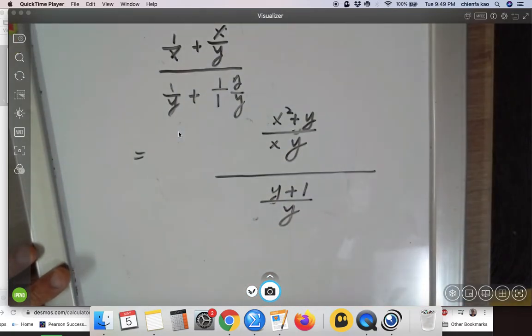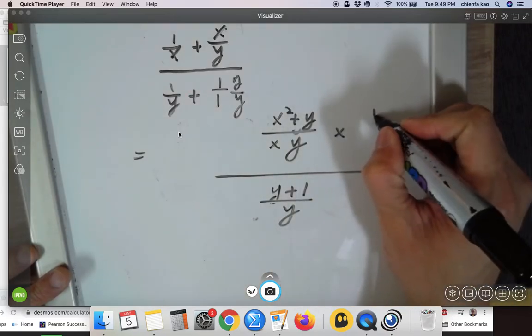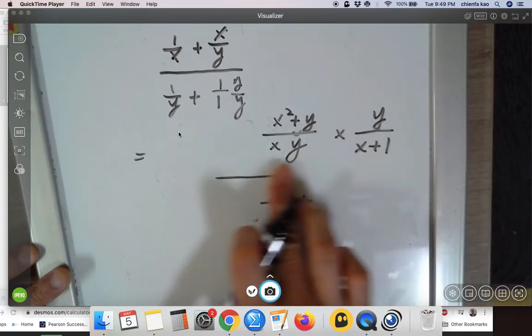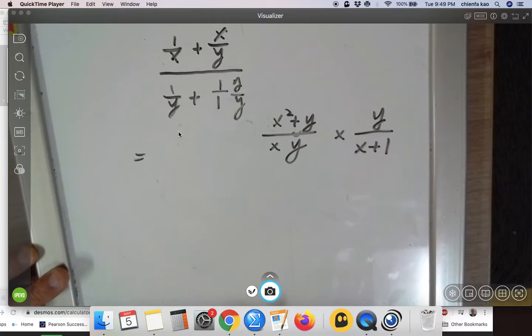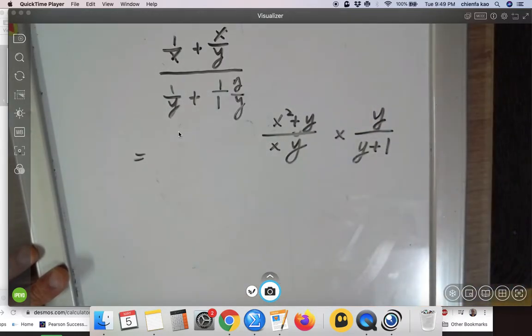Let's simplify. This divided by that is the same as this multiplied by y over x plus 1, I mean y plus 1. Y plus 1. Yeah, that looks better.